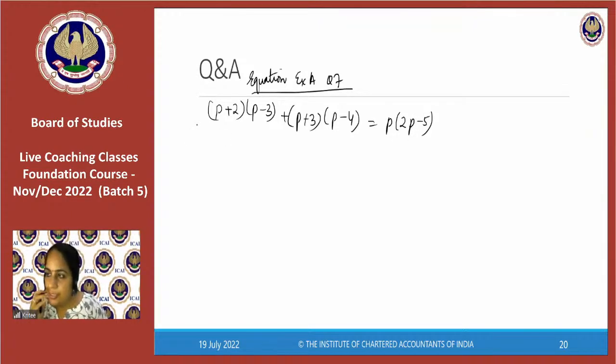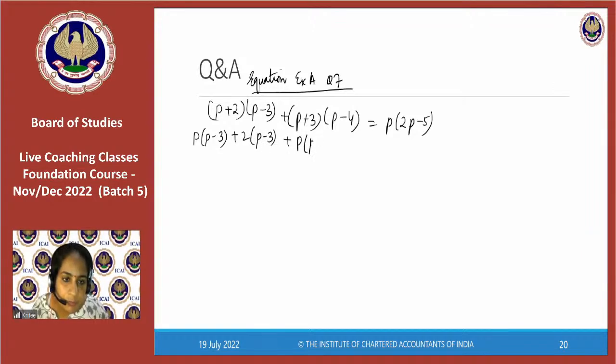One way is to start substituting the value for P. Check it for 6, for 7, for 5, whichever solves your equation. The other way is to start opening the brackets. P into P minus 3 plus 2 into P minus 3 plus P into P minus 4 plus 3 into P minus 4 is equal to, open the bracket, 2P squared minus 5P. Open the entire bracket.